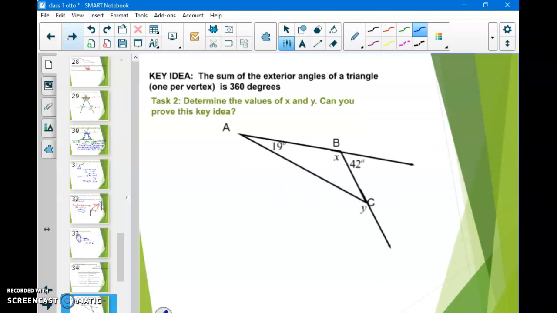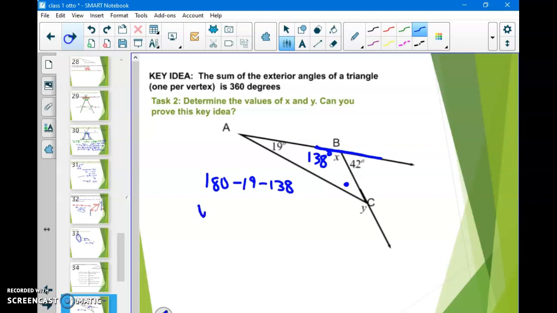And let's go ahead and see if we can solve this guy. We know that since this is a straight line, my x in here would have to be 138 because it makes up a straight line. We also know that this angle here would be 180 minus the 19 minus the 138.